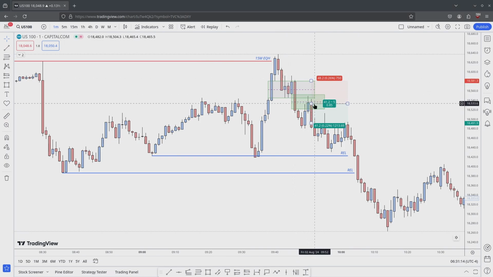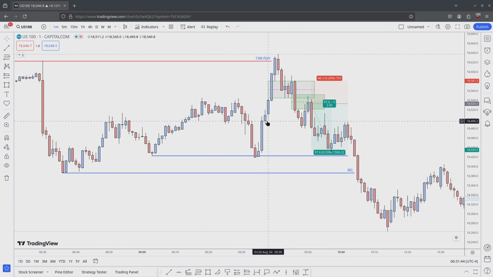So you look to make your 5 handles or your 10 handles, or if you're looking for your 20 handles, then you look for that. If you're looking for 1 to 1, then you get 1 to 1 and you're out of that position. If you're looking for 1 to 2, then 1 to 2 would be here and you would be out of the trade there. So price does not have to trade into the target for you to be profitable.